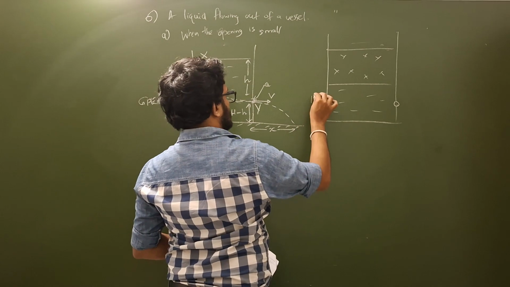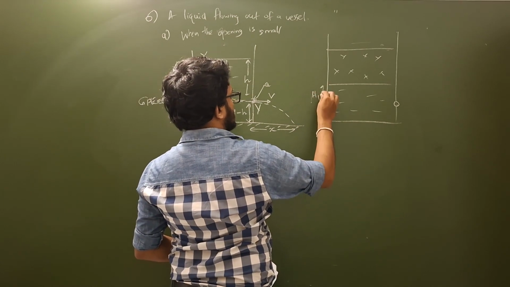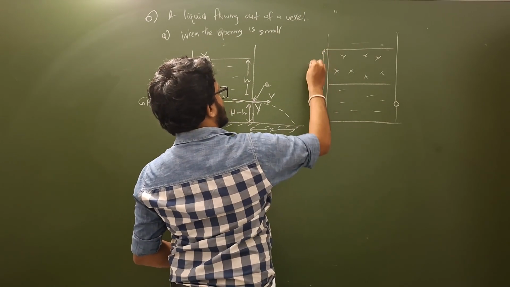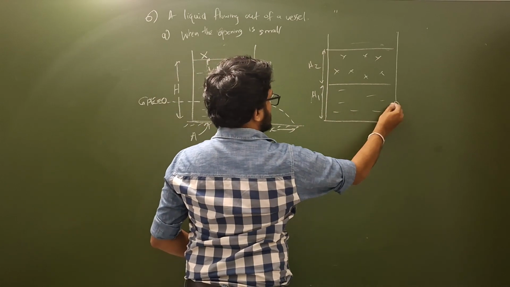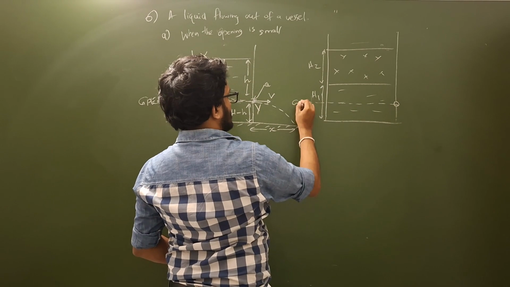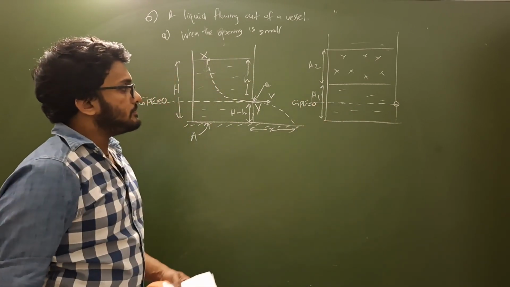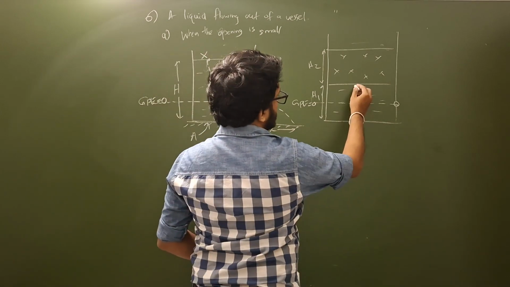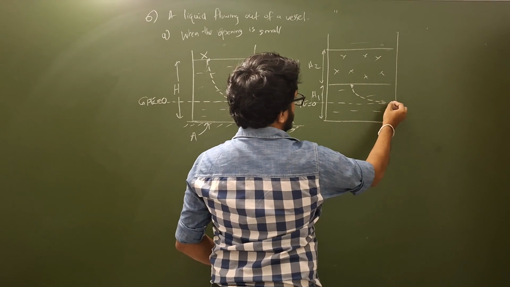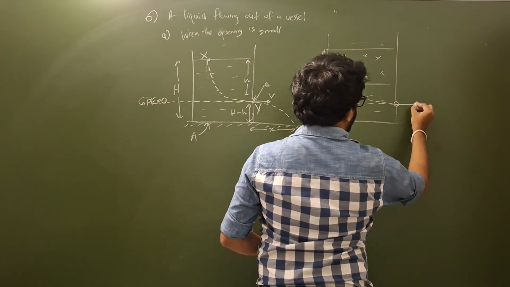Let's take the height of this as h1, this as h2, and this is the gravitational potential energy zero level. And this is the streamline of a fluid particle coming out.